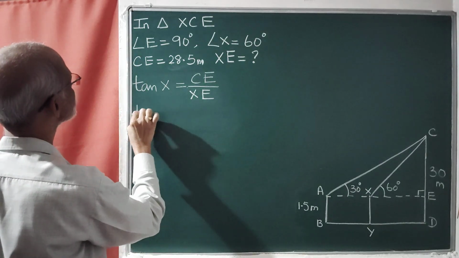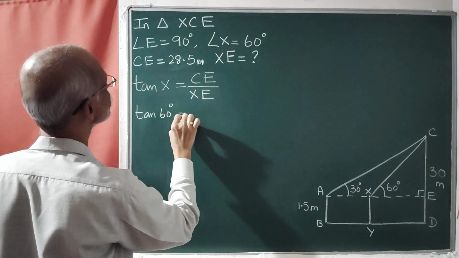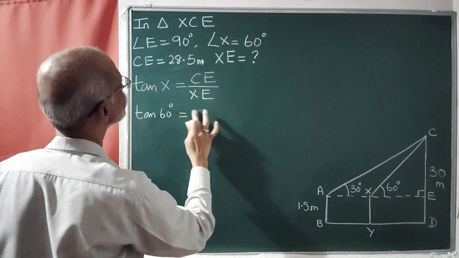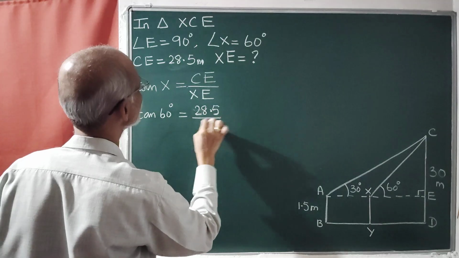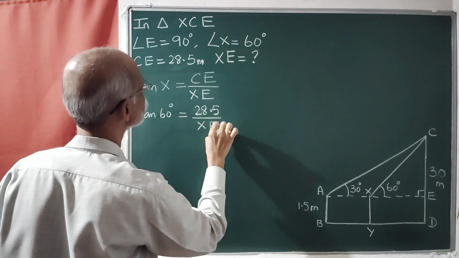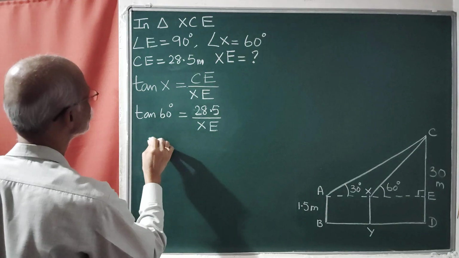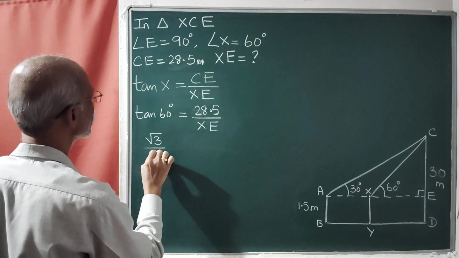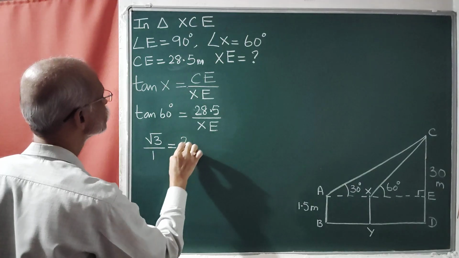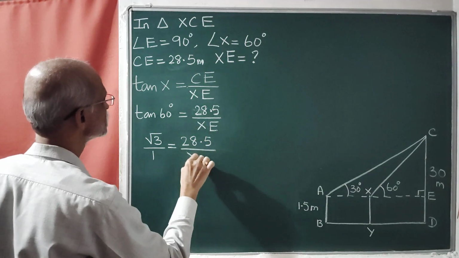So tan 60 is equal to 28.5 by XC. Tan 60 is root 3. Root 3 by 1 is equal to 28.5 by XC.